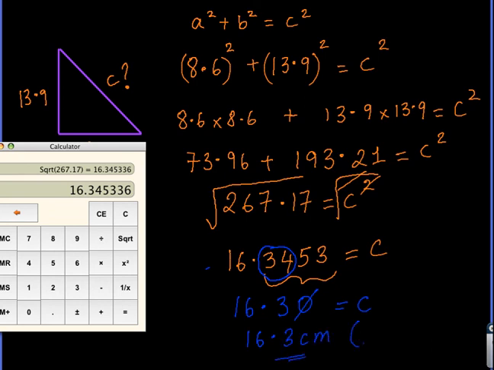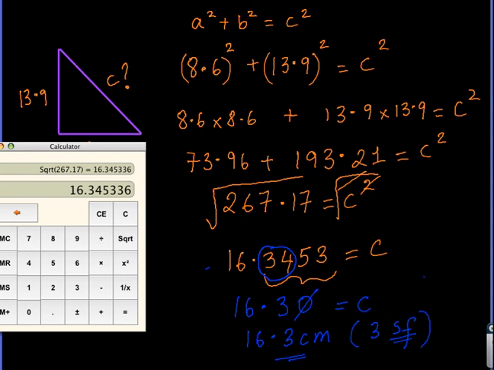Okay, and in brackets I'm going to write 3 significant figures. Okay, if you don't know how to round numbers to significant figures, don't worry, you can take a look at another video tutorial on rounding numbers. Okay, but this is how it's done anyway.